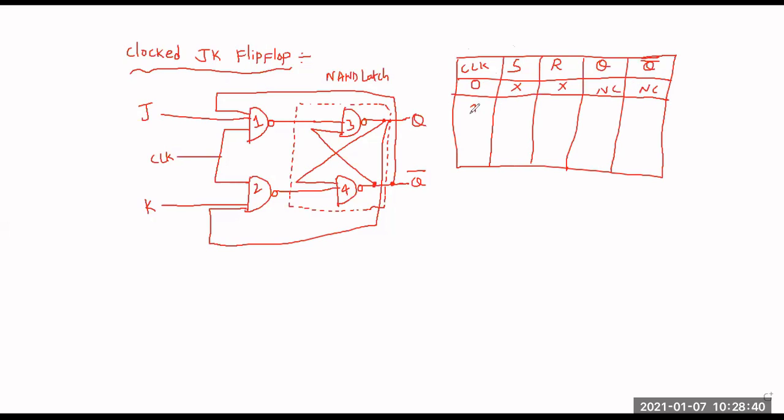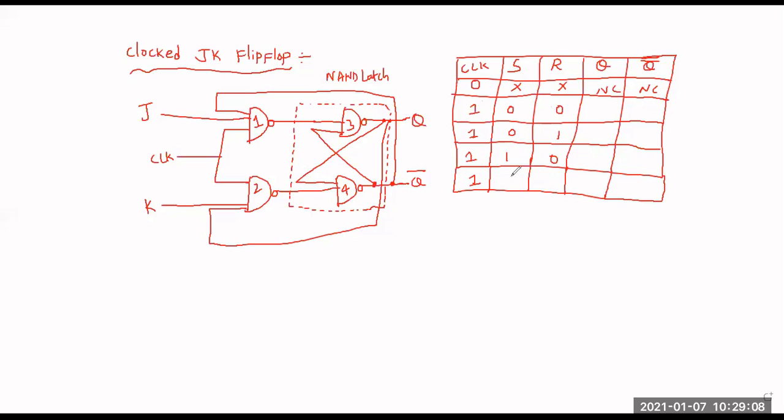Whenever the clock pulse is applied, the output changes from the previous state to the next state depending upon the SR input values. So that's why the inputs are 0 0, 0 1, 1 0, 1 1.